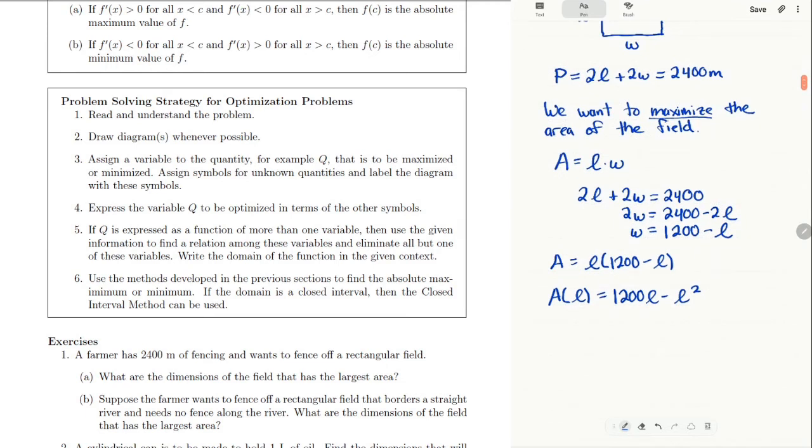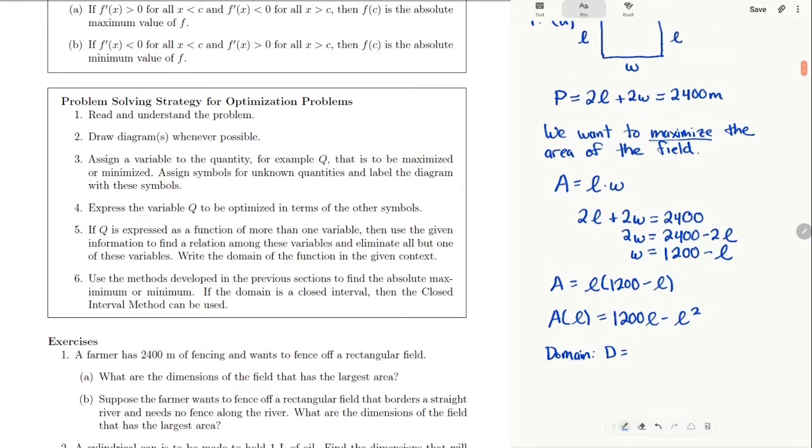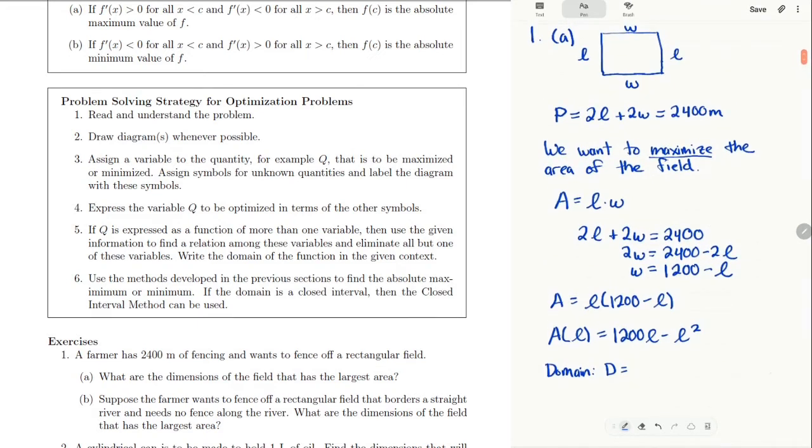So now we'll also need to consider the domain of this function. So recall that L is the length of the field. And since distances can't be negative, the smallest value of L that can be used is going to be 0.